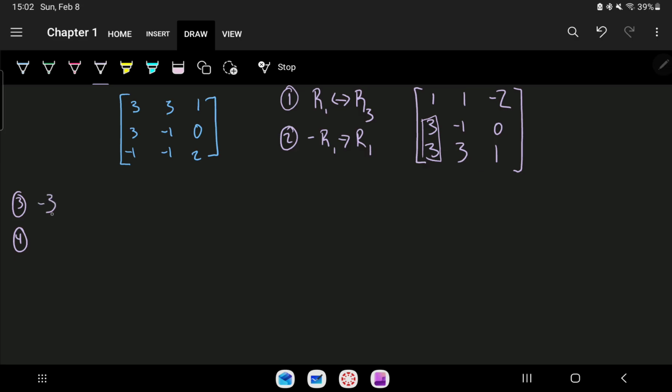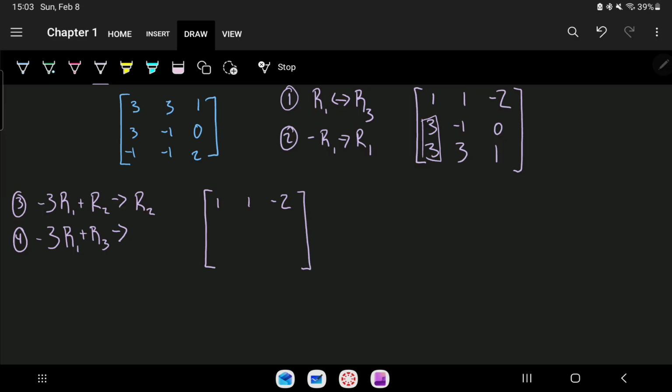I'm going to multiply the first row by negative 3 and add it to the second row so that that becomes the new second row. And same deal with the third row. By doing this, that first row in practice is going to remain the same, right? We have not actually changed it, we're just using it to manipulate the rest.